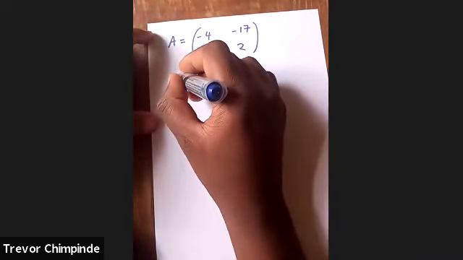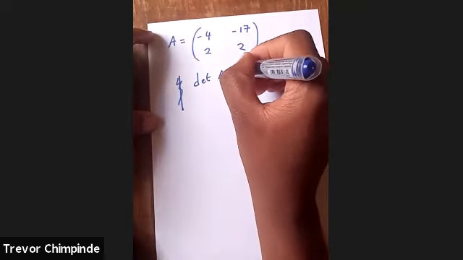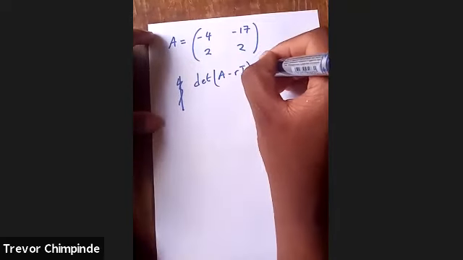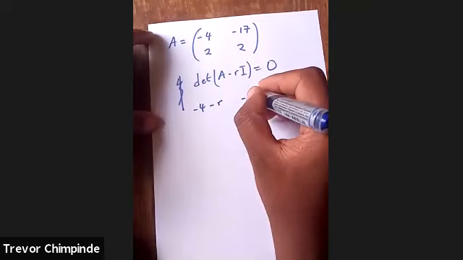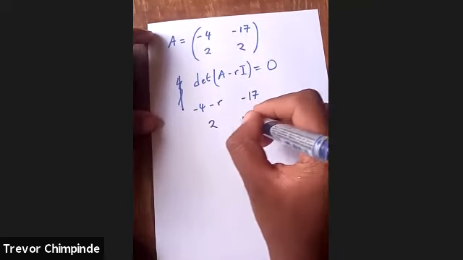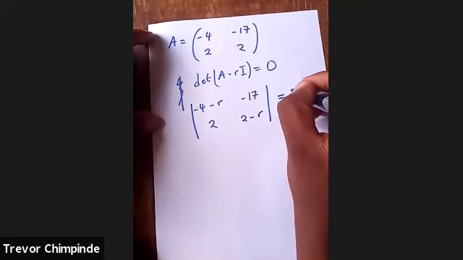So let me just write down the determinant of A minus rI is equal to 0. So this is minus 4 minus r, then negative 17, 2, then 2 minus r, is equal to 0.